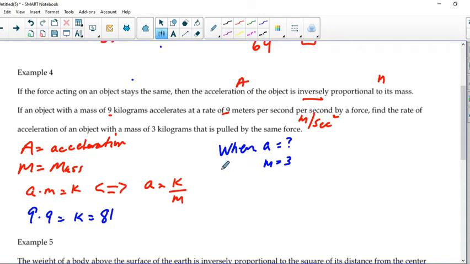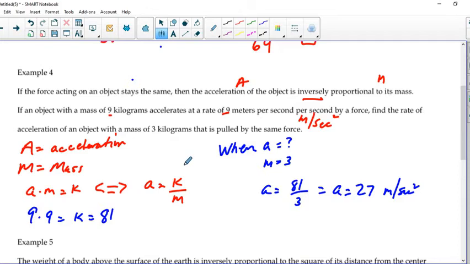Notice that the mass has decreased, so we would expect the acceleration to increase. We know that acceleration is equal to K divided by mass. So the acceleration is equal to 27 meters per second squared, because that's the labeling we use for acceleration.